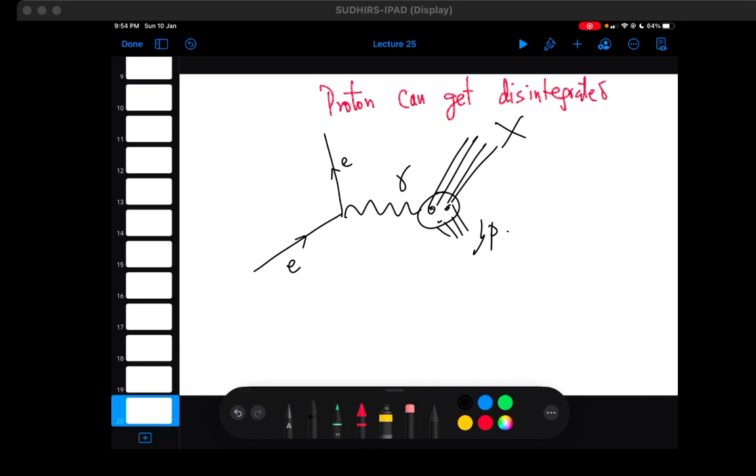The proton no longer remains a proton; it just disintegrates. So people tried to understand what this feature was. They were computing the possible cross sections for this, assuming something called structure functions.